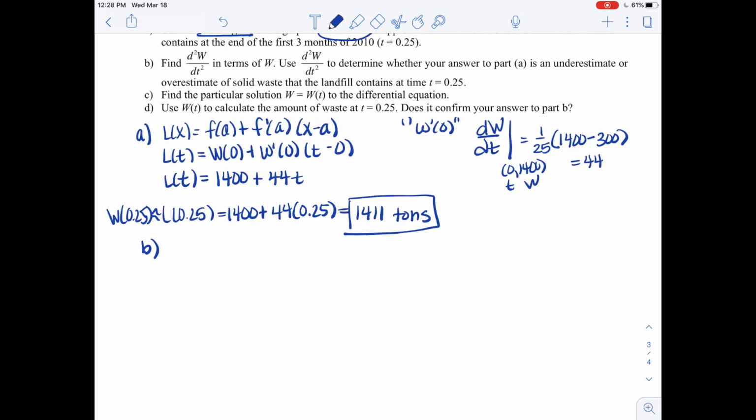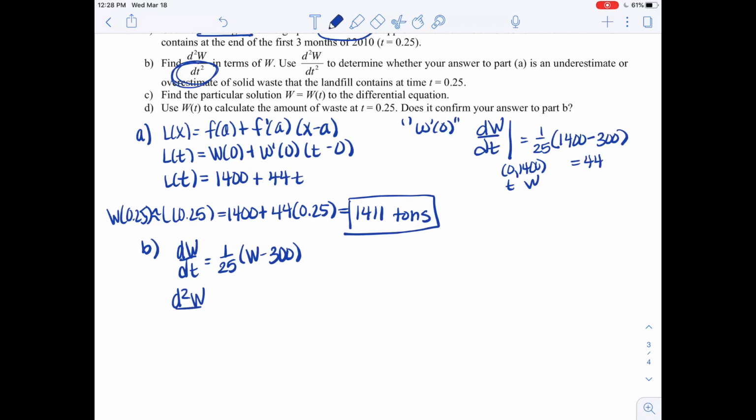So again, here's something where you're going to have to be careful calculus-wise. dw/dt was equal to 1 over 25 times w minus 300. If I'm taking the derivative with respect to t, it means I have to follow up every variable that I take the derivative of with d of that variable over dt. That's implicit differentiation that I'm bringing back here.